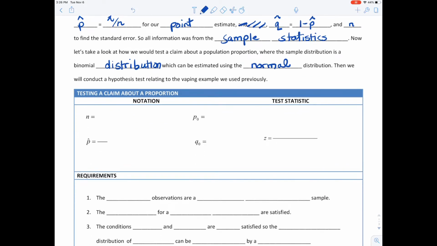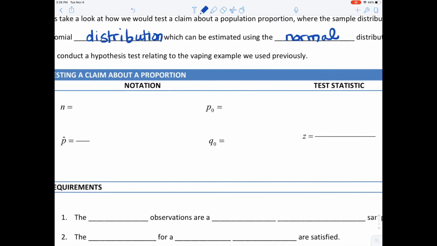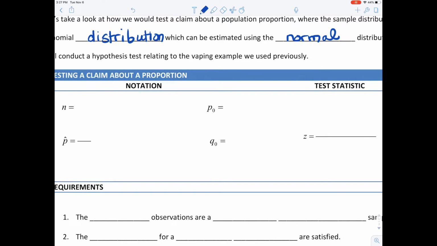So here's some notation. N, of course, stands for the sample size, number of units in the sample, number of sampling units. P hat is X over N, number of successes over sample size. Now we're going to be introduced to this P0.